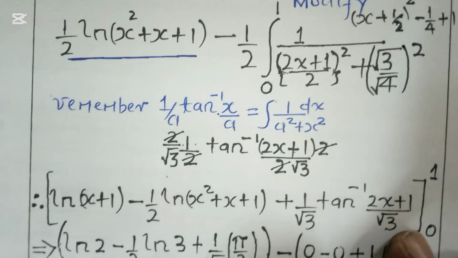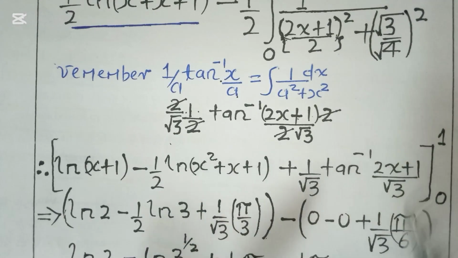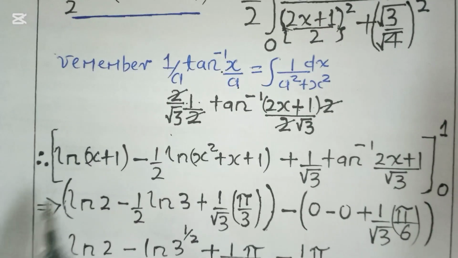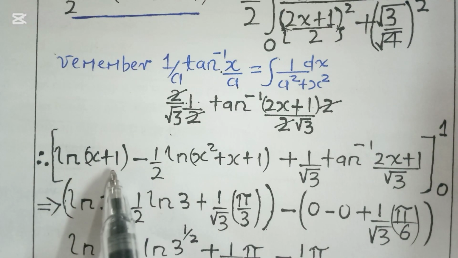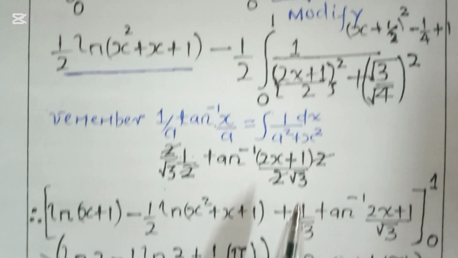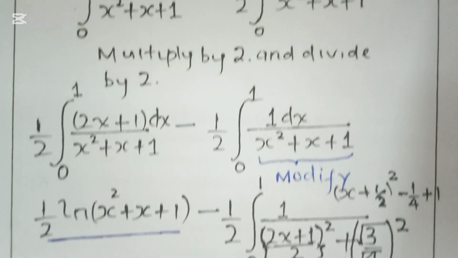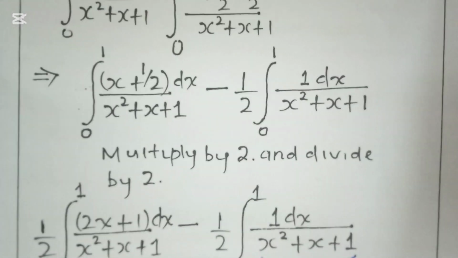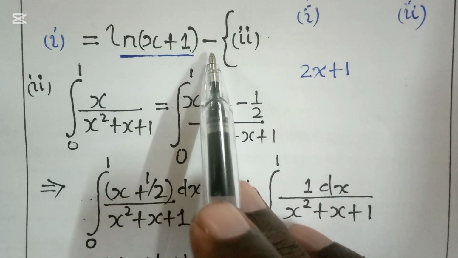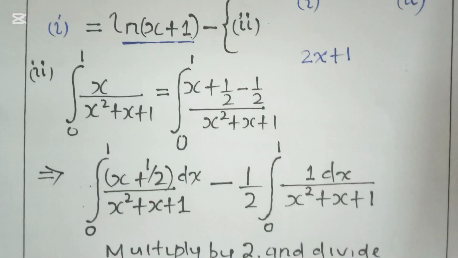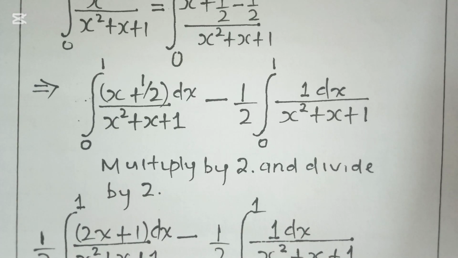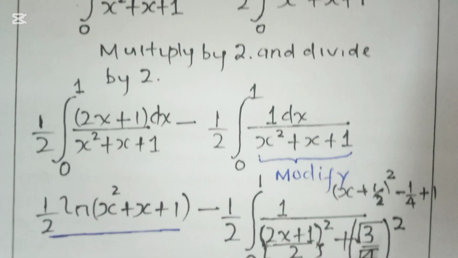And so, guys, what remains now is now already we have integrated that. Now, guys, we put our whole equation here. ln x plus 1 is what we found. Then minus, guys, remember we had a minus after that. We had a minus here, and this is the minus I'm talking about, guys, this minus. So this minus must be featured in the subsequent problems that are ahead, subsequent equation.